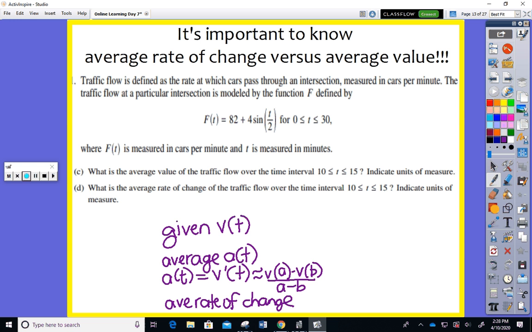Okay? If I were to ask you for average velocity, all right, if I give you velocity and ask for velocity, then you're dealing with an average value problem. And that's when you skip into integral over interval. So I've abbreviated there.